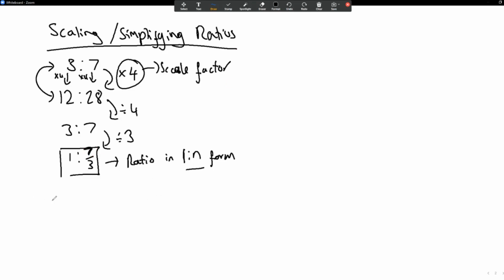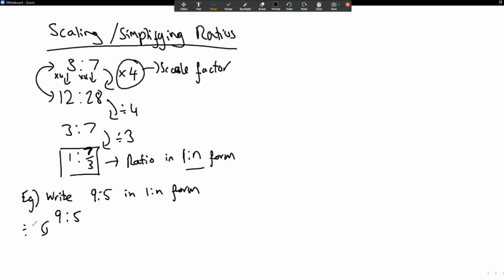So for example, let's do 9 to 5 in 1 to n form. Okay, so we want 9 to get to 1, so what we need to say is, what do we need to divide 9 by to get to 1?